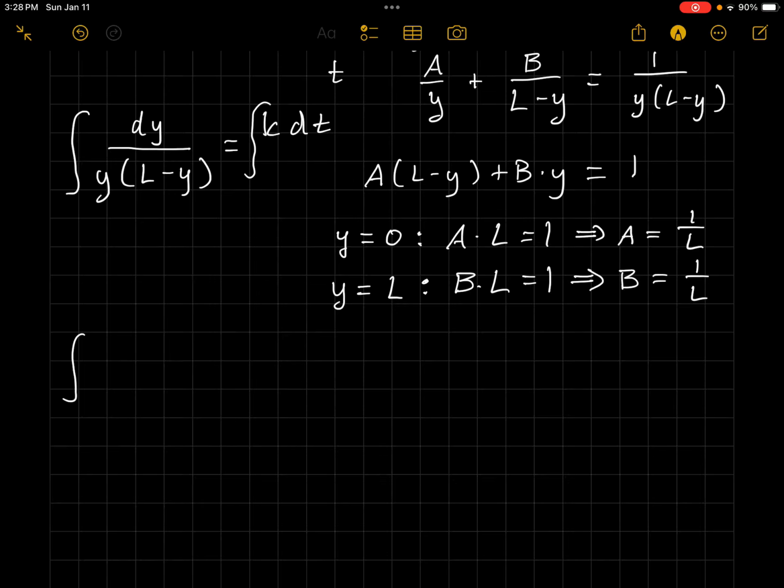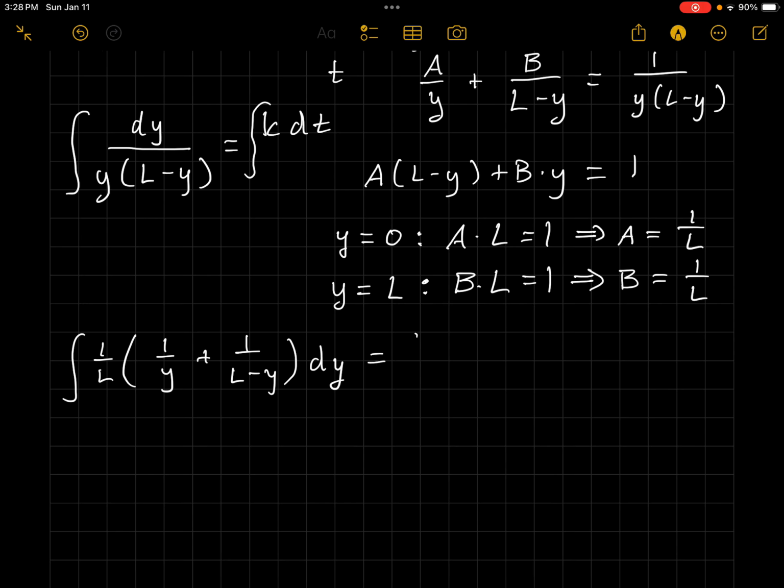Therefore, we can rewrite our integral as 1 over L, and I'll just factor it out because a and b both equal 1 over L: 1 over L times the integral of 1 over y plus 1 over L minus y dy. You may want to stop the video here and take a look to make sure that you can get that left side.